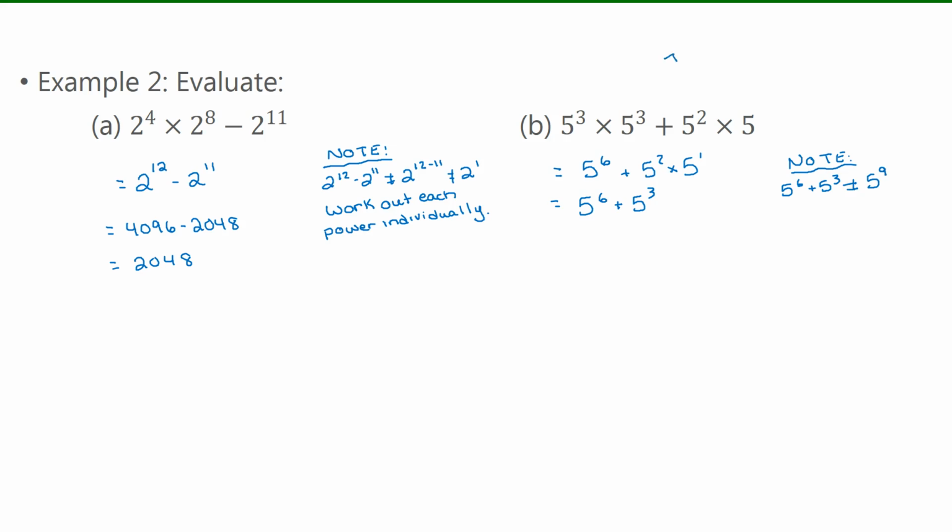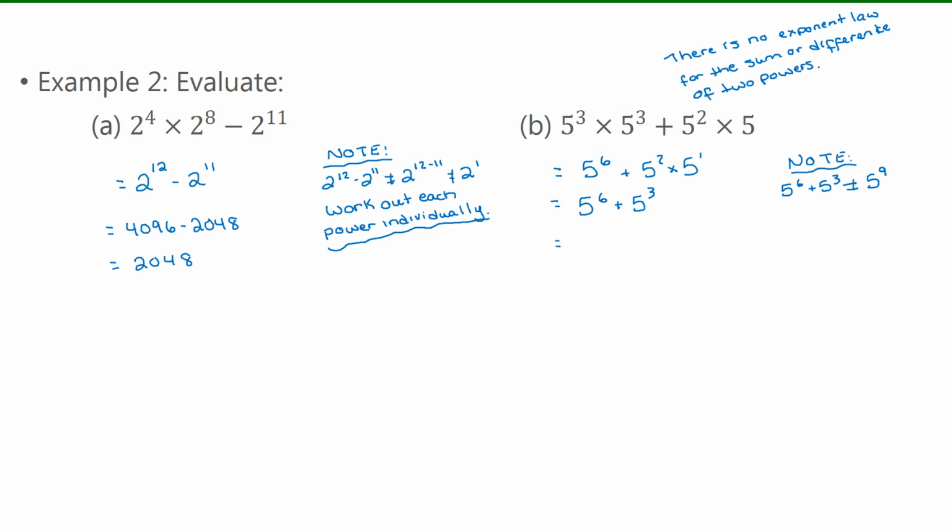I'll make the other note up here that there is no exponent law for the sum or difference of two powers. As I said, we have to work out each power individually.